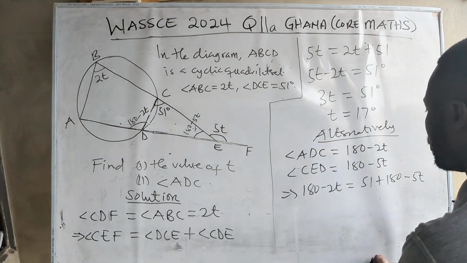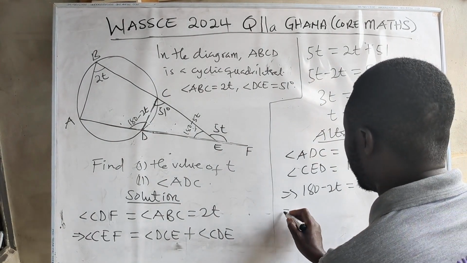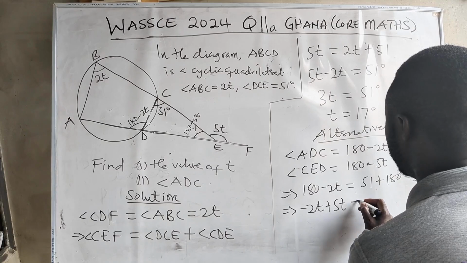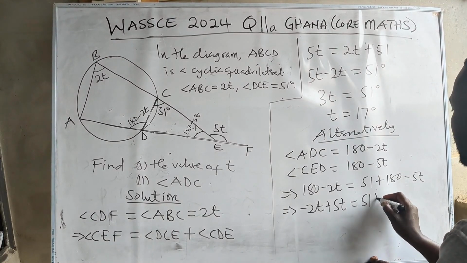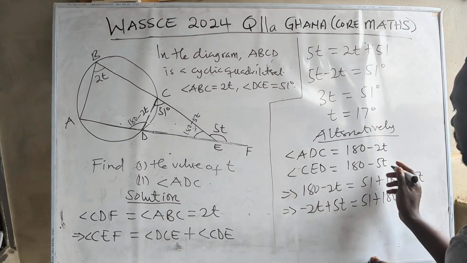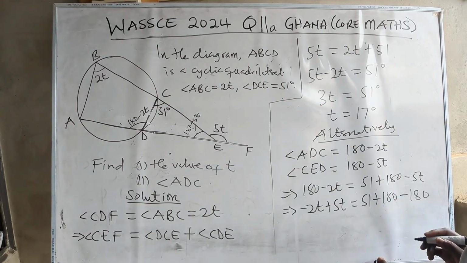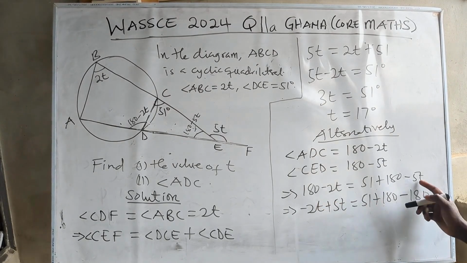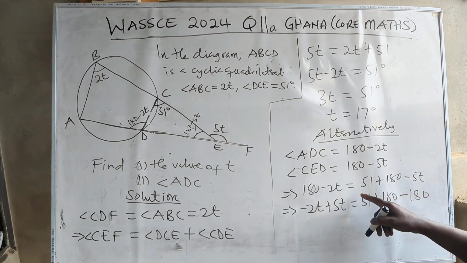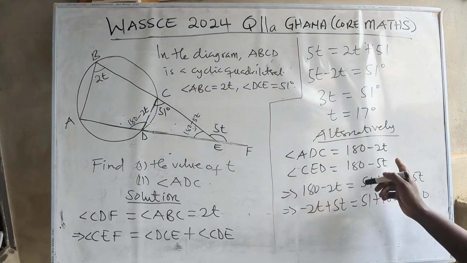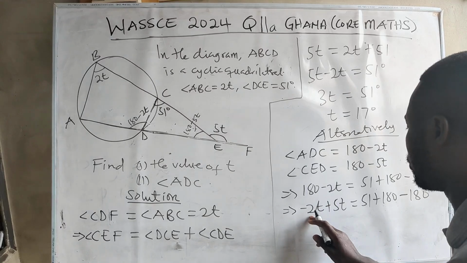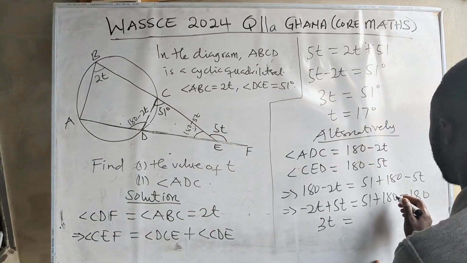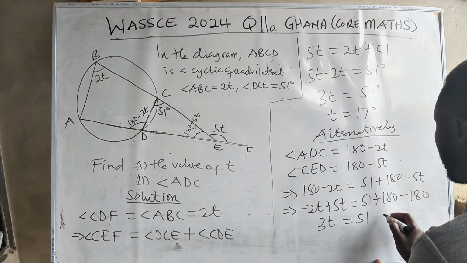So we will have negative 2t plus 5t equal to 51 plus 180 minus 180. So minus 2t plus 5t will give me positive 3t. 180 minus 180 is 0, so it is equal to 51.